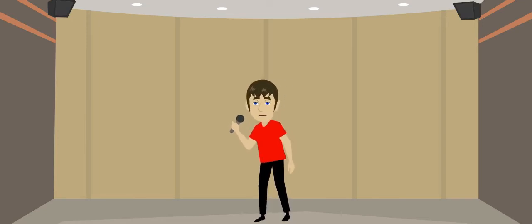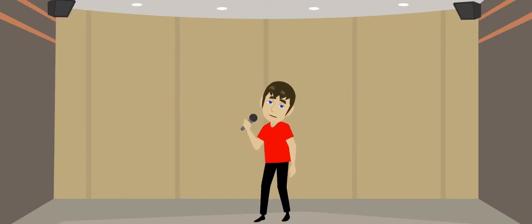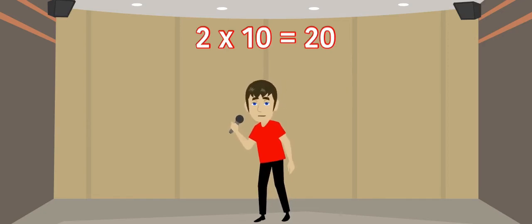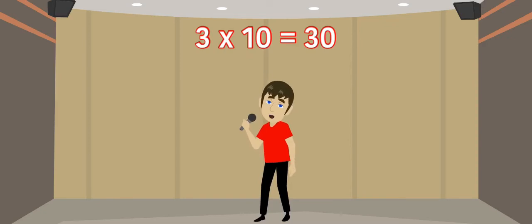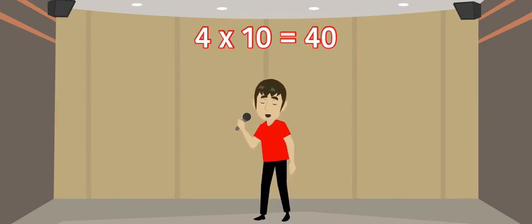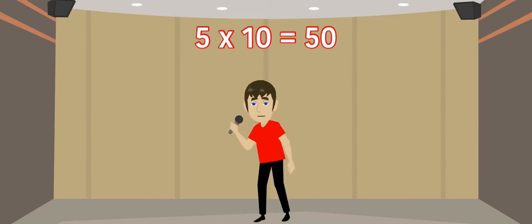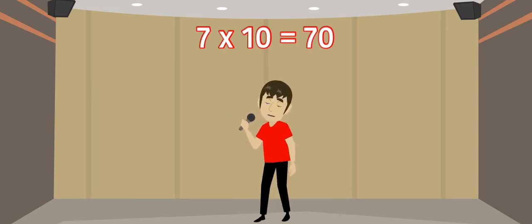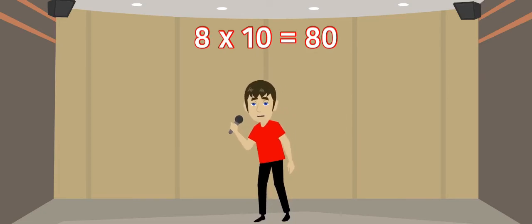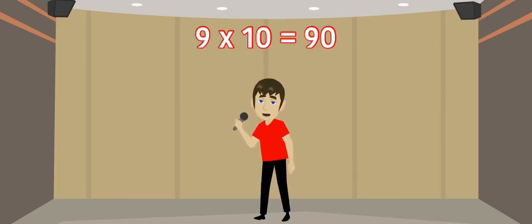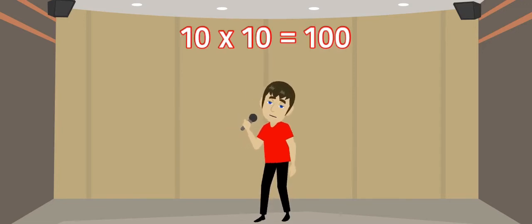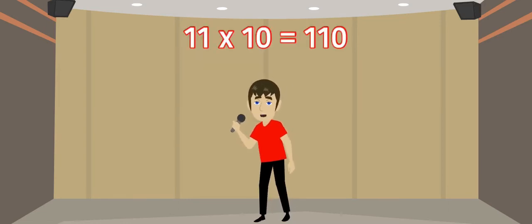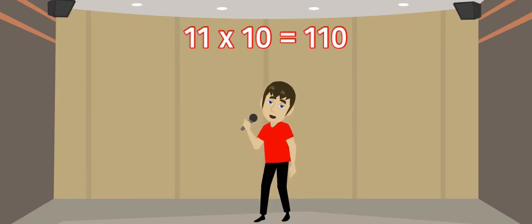Let's multiply by 10. 1 times 10 equals 10. 2 times 10 equals 20. 3 times 10 equals 30. 4 times 10 equals 40. 5 times 10 equals 50. 6 times 10 equals 60. 7 times 10 equals 70. 8 times 10 equals 80. 9 times 10 equals 90. 10 times 10 is 100. 11 times 10 is 110.